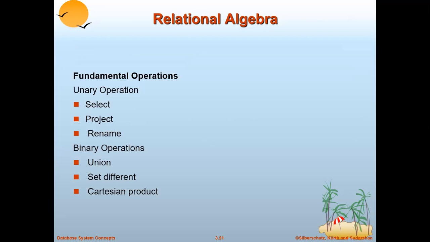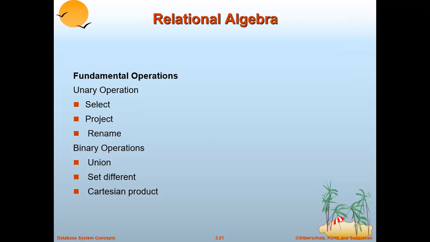Unary operations include select, project, and rename, whereas binary operations include union, set difference, and Cartesian product. A unary operation is performed on a single relation. That's why these are called unary operations.